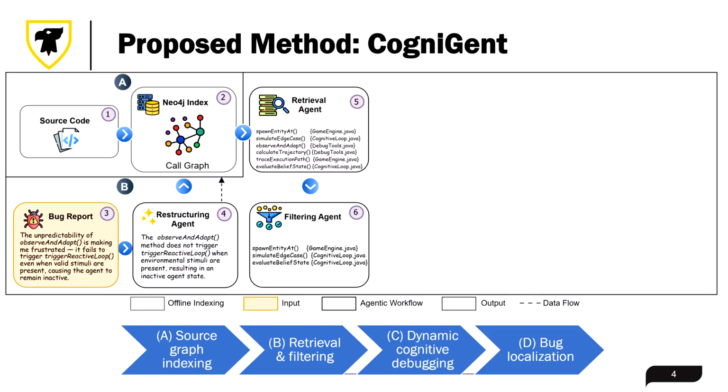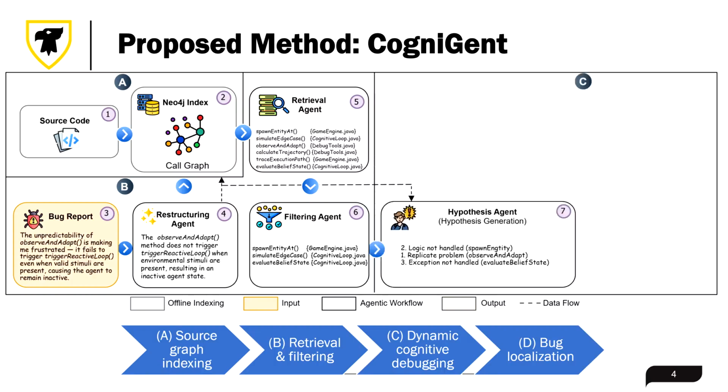It looks at those retrieved candidate code segments and determines their relevance to the restructured bug report with the help of an LLM. After this filtration operation, we get a filtered set of candidate code segments. Then we introduce another agent called the hypothesis agent, which is responsible for hypothesis generation.